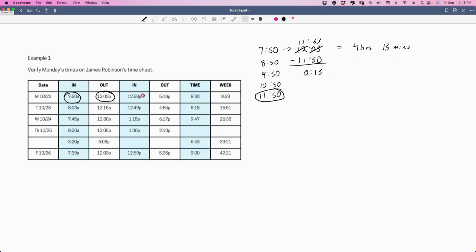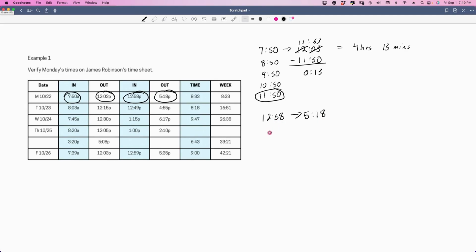I'm going to do the same thing for his afternoon shift. He went from 12:58 to 5:18. So I'm going to start at 12:58, and then go to 5:18, going in hour increments until the next one would go past this.